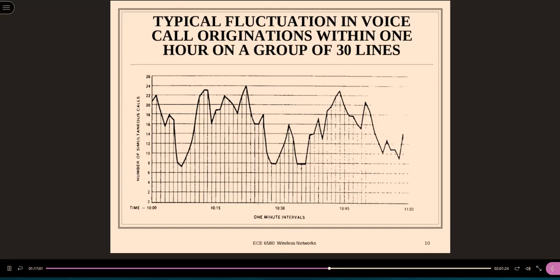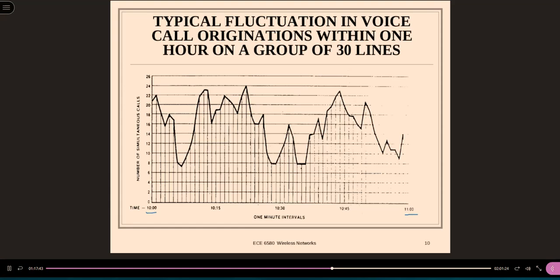Here's another case. Voice call originations within 1 hour on a group of 30 lines. So there's a central office and 30 transmission lines are entering that particular central office. And you can see again the fluctuation over a period from 10 o'clock to 11 o'clock in 1 minute intervals. Again, a point process. So this is what we call a sample function of the stochastic process that measures the number of arrivals in a particular period of time at a particular instant of time.